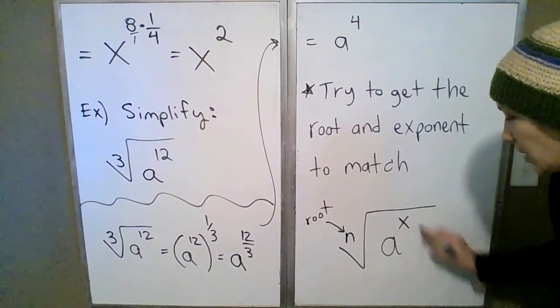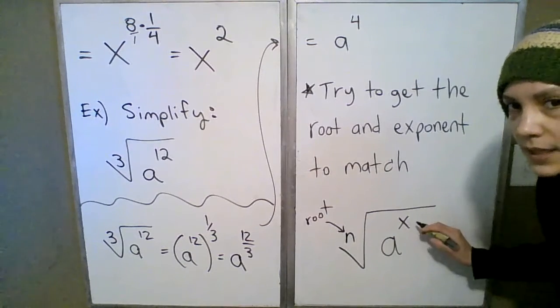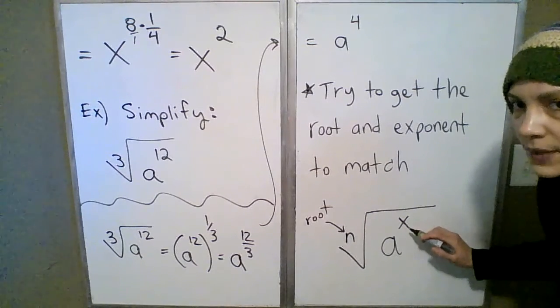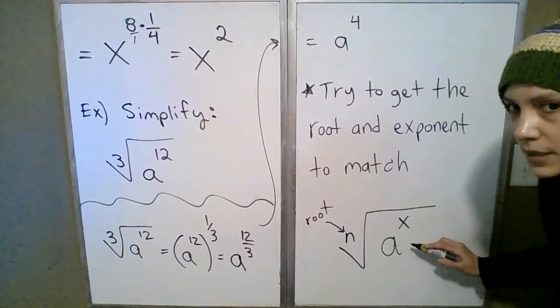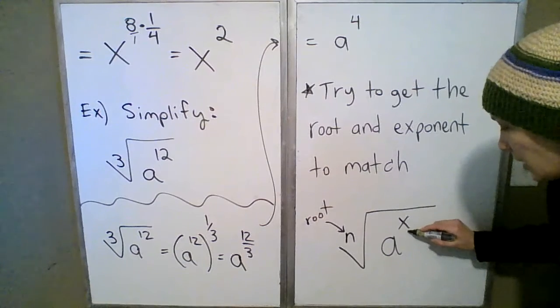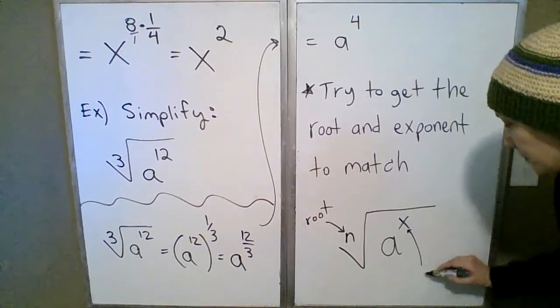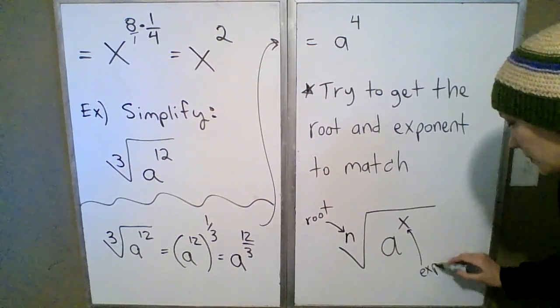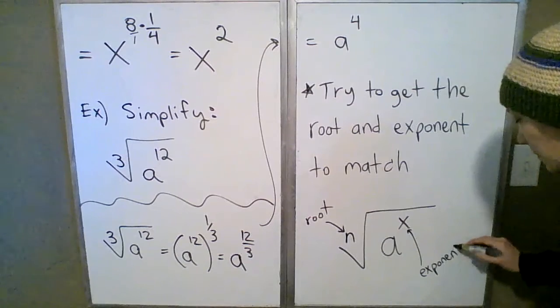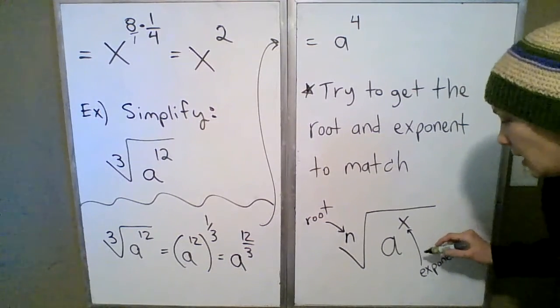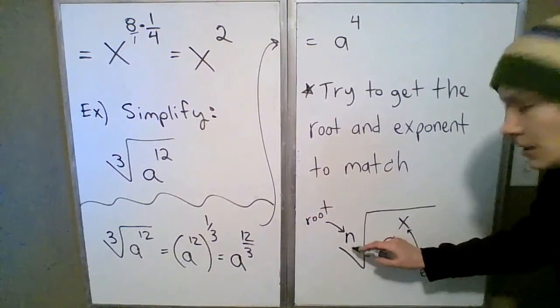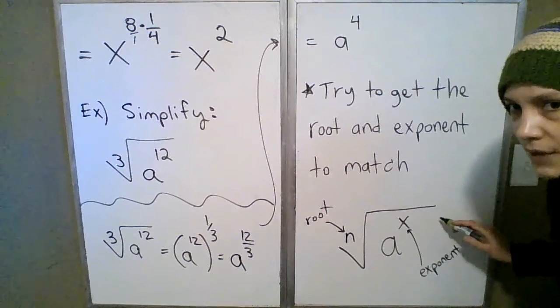This whole value, everything under the root, is called the radicand. And on that value, there's this exponent. And then this symbol here, this is called a radical sign.